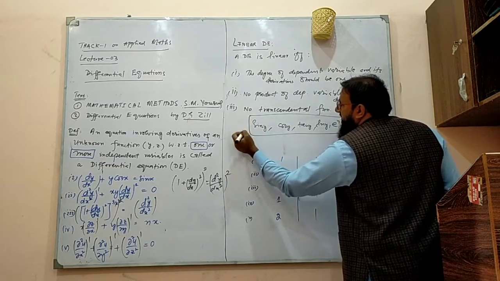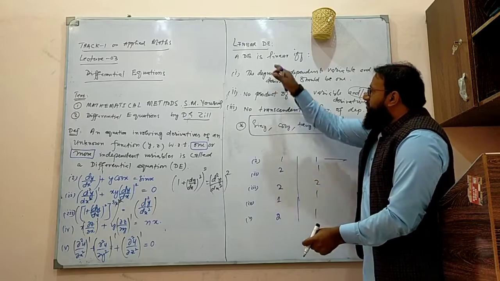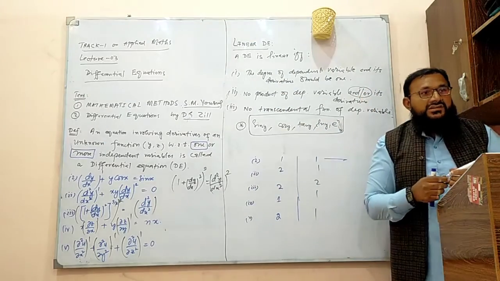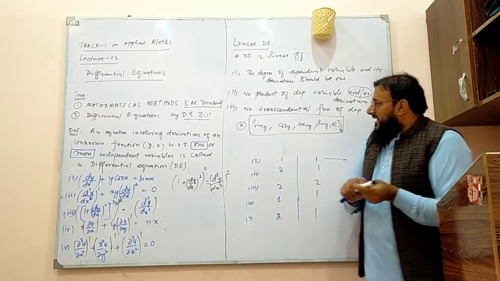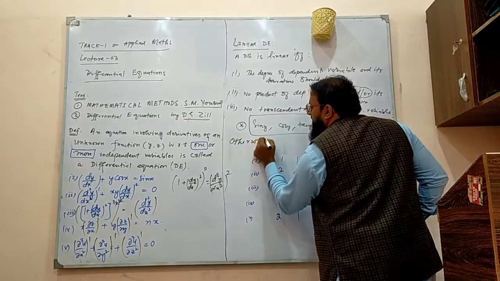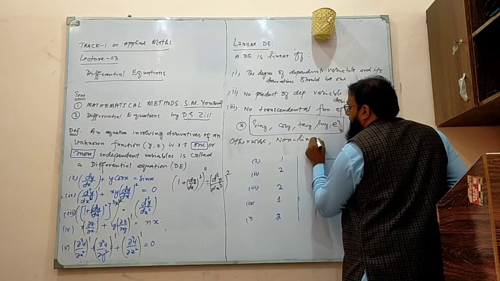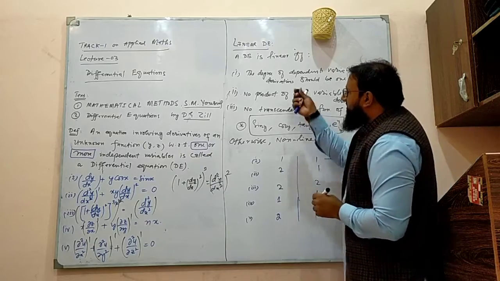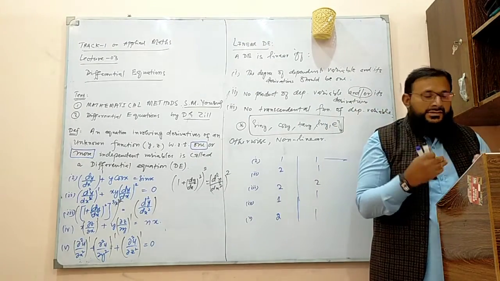If this is involved, then we call that differential equation non-linear. So if these three conditions are satisfied, then the differential equation is called linear. Otherwise it is non-linear. So these are the three conditions that must be satisfied to check whether a differential equation is linear or non-linear.